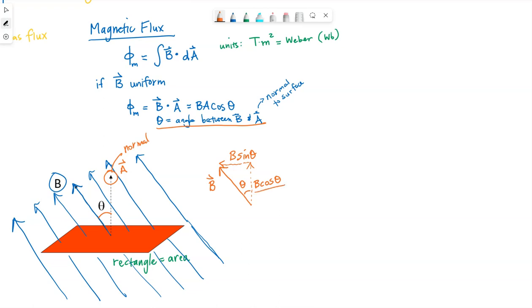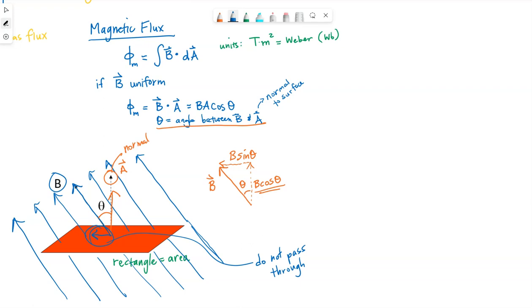It's only this component, B cosine theta, that is actually passing through the area. The X components, the components that are parallel to the surface, do not pass through, and so they are not part of the magnetic flux.